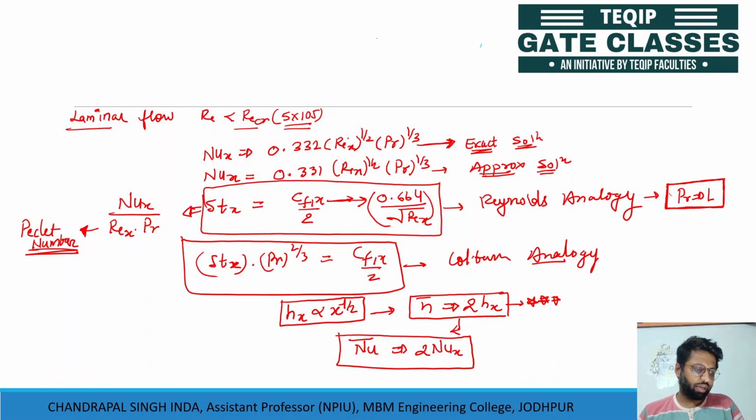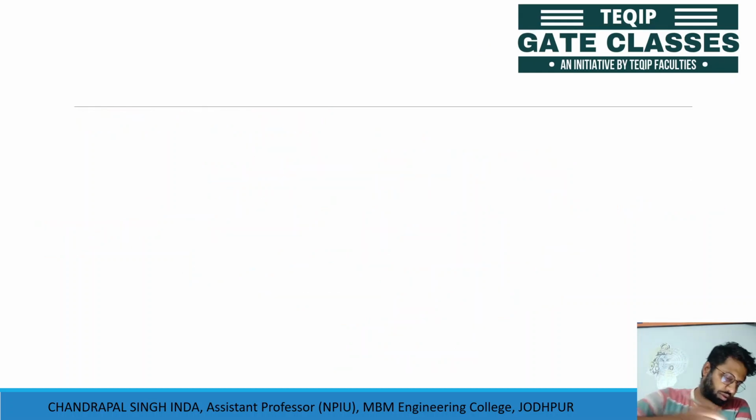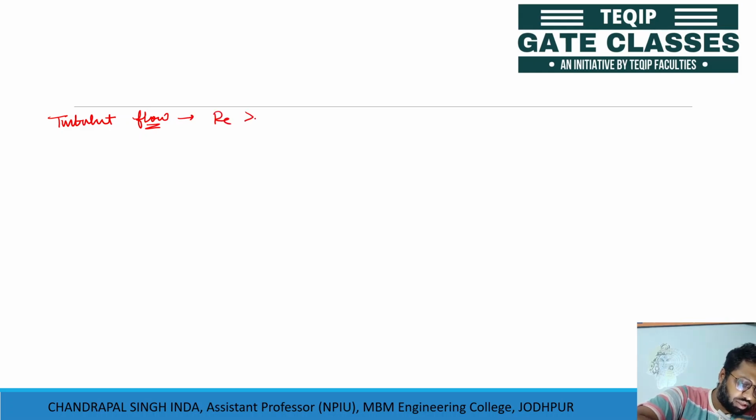Let's have the empirical relationship for turbulent flow. For turbulent flow, the Reynolds number is greater than the critical Reynolds number, that is 5 into 10 to the power 5. So the flow will be like this.